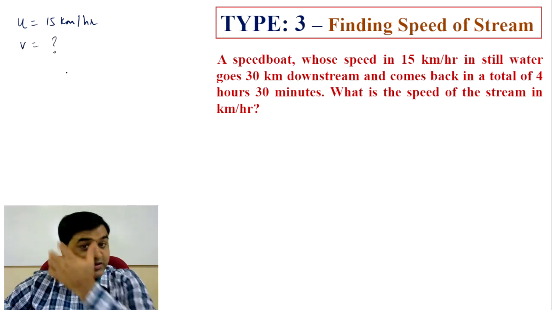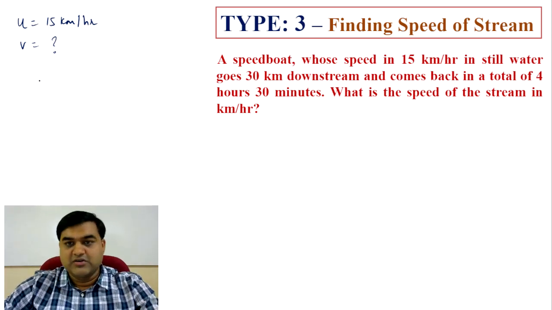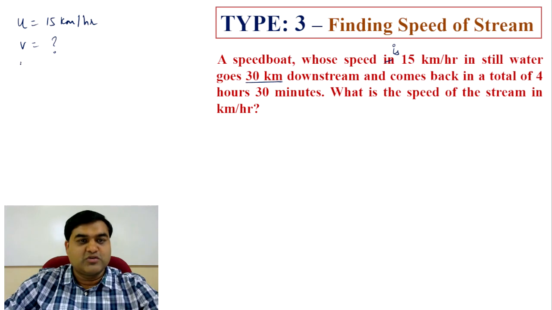They have also given that a speedboat whose speed is 15 km per hour in still water goes 30 km downstream, so the distance downstream is 30 km.